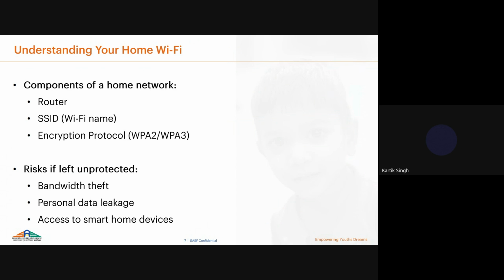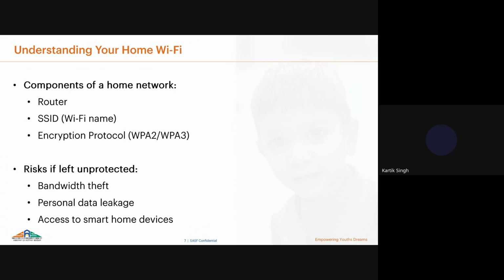Next one is personal data leakage. Your personal data is also at risk because when you are using a home Wi-Fi network, the data going through your Wi-Fi can be intercepted. So there is a risk of personal data leakage. Access to smart home devices. Nowadays, there are smart home devices that connect to Wi-Fi, and we can access those devices using applications on mobile phones.